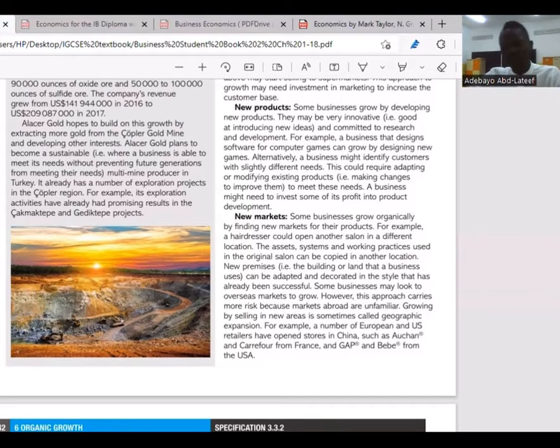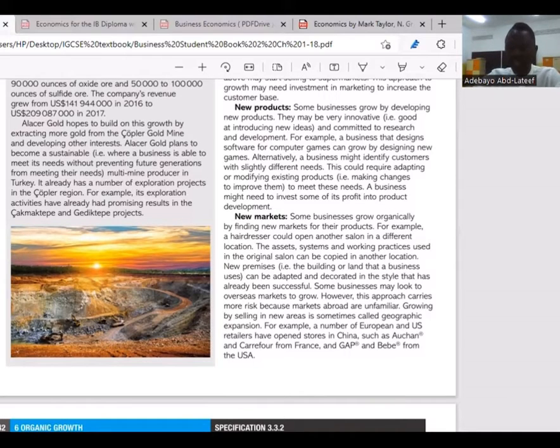Then the fifth one, which is the last one, is franchising. So what is a franchise? A franchise is an agreement that allows a business, which is the franchisor, to help other businesses, who are franchisees, to use their brand. So a franchise is a brand agreement from the franchisor to the franchisee. So who is the franchisor?